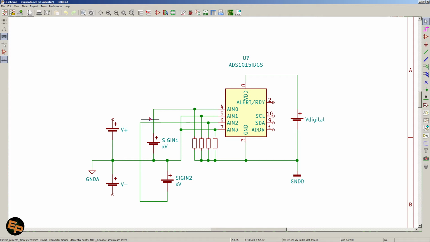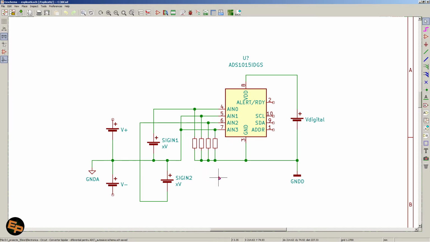And relative to those, I will put input 0 and input 2, those 2 voltages that I want my ADC to measure, okay? And I thought this is perfectly fine. Well, it is not.